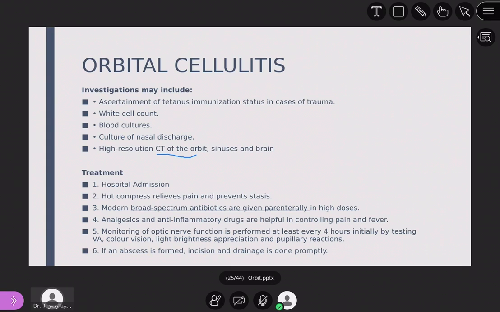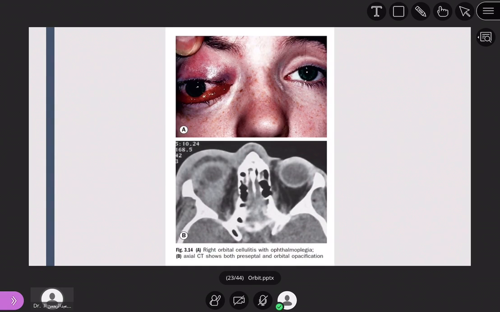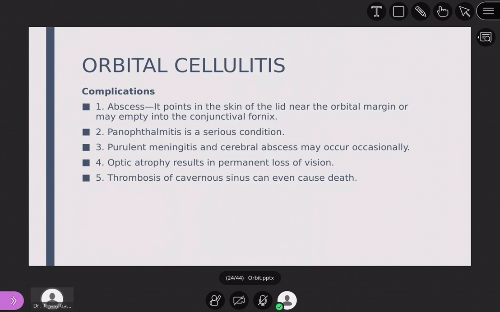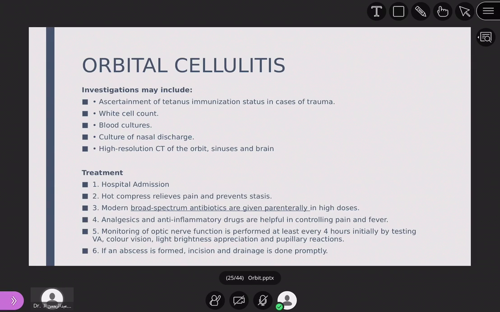Very important to image the orbit, image the sinus, image the brain. There is always sinusitis. The sinus here is filled. The sinus is supposed to be clear, but here he has sinusitis. Sinusitis is always the most common cause of orbital cellulitis. As for treatment, admission, you should admit the patient.